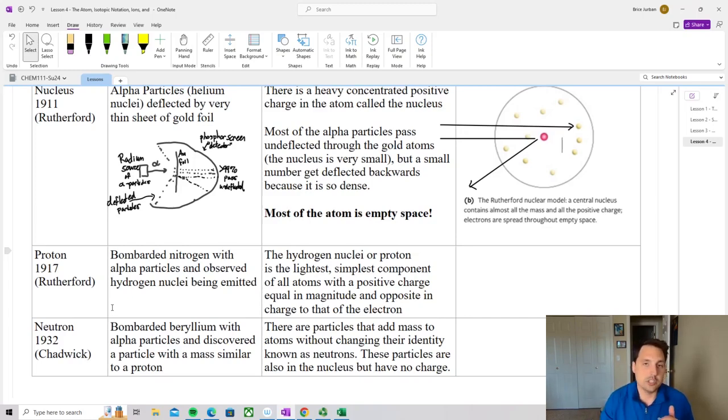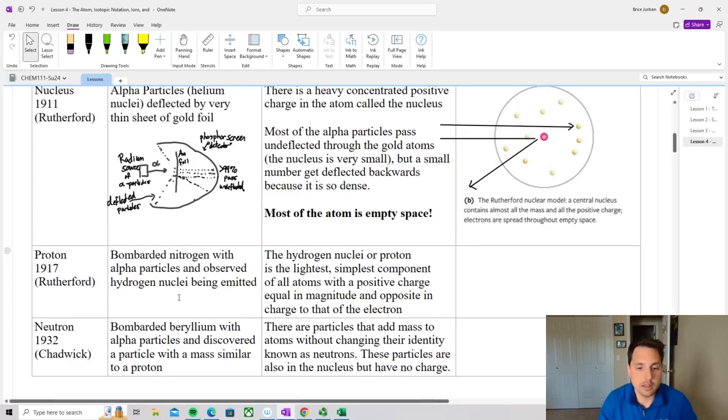This was a hydrogen nucleus, an H1 atom. This hydrogen nucleus corresponded to approximately 1 AMU, the lightest, simplest component of all atoms that we knew of at the time, and it had a positive charge equal in magnitude and opposite in sign to that of the electron.